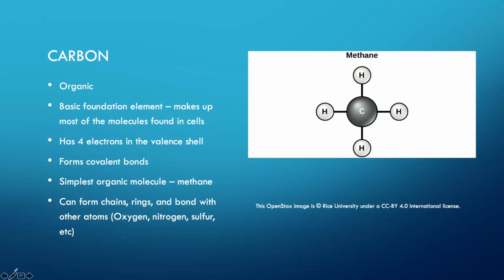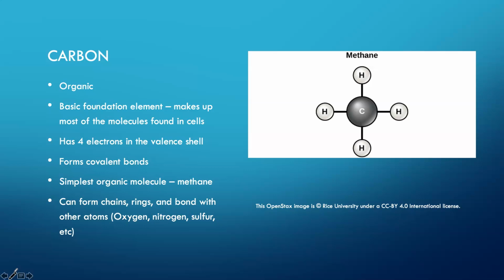Now, before we talk about any of these categories, one thing we need to talk about first is carbon. And carbon is found in the periodic table. It is an element, and we could say that we are carbon-based life forms. So in other words, the majority of our bodies and cells are carbon-based or are made up of carbon.